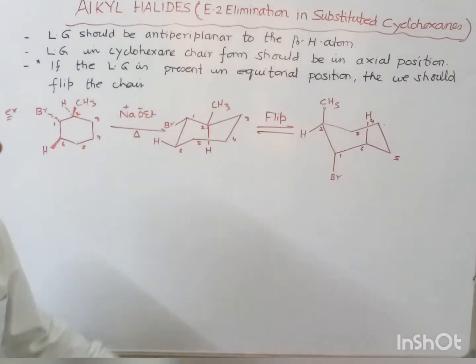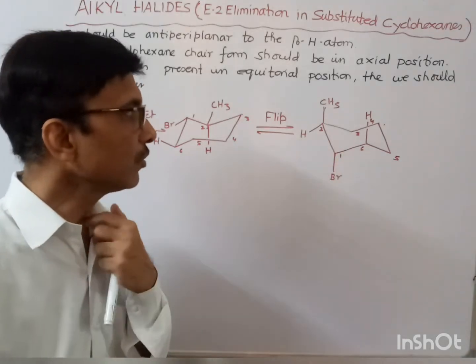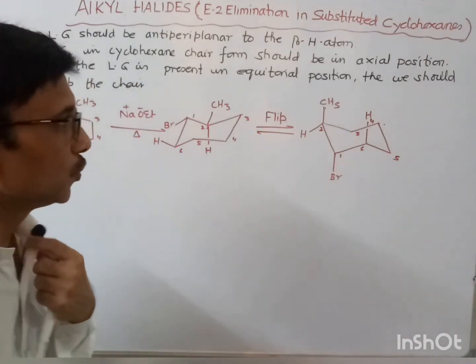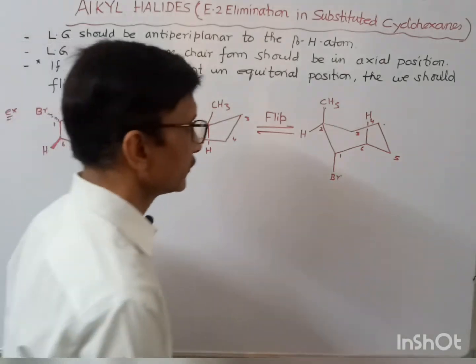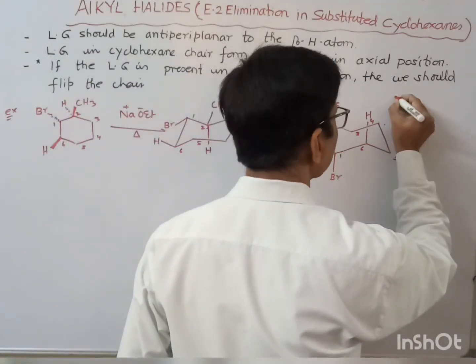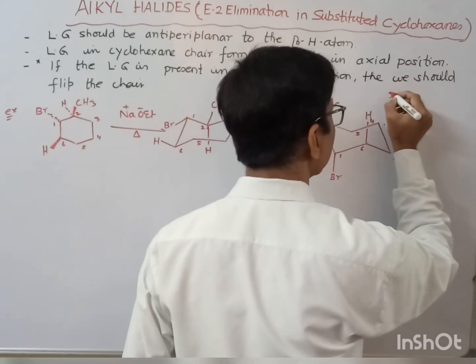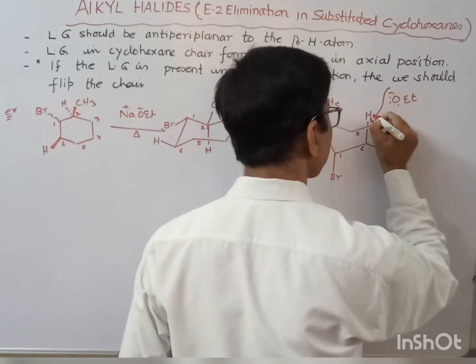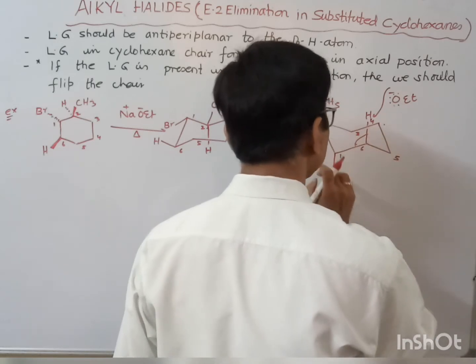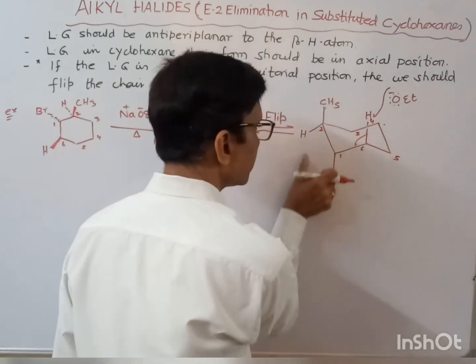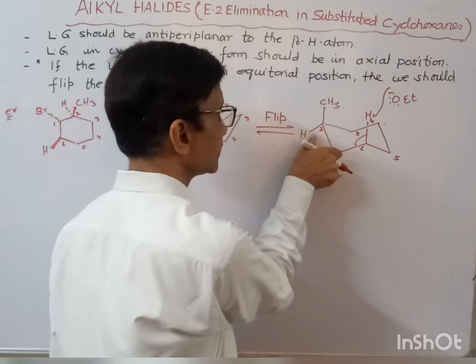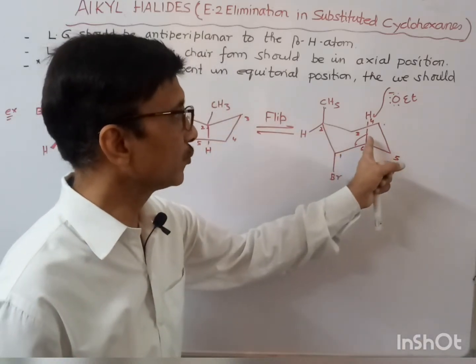So if your base is coming, then this ethoxide ion will remove this hydrogen, and here the double bond will come, because there is no anti-periplanarity between this bromine and the other hydrogen. The only way to remove is this one.